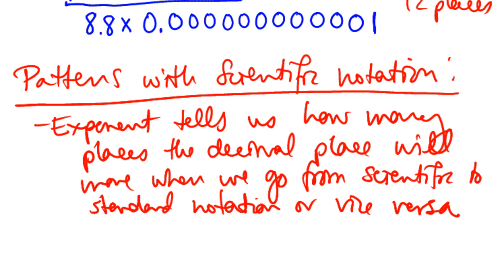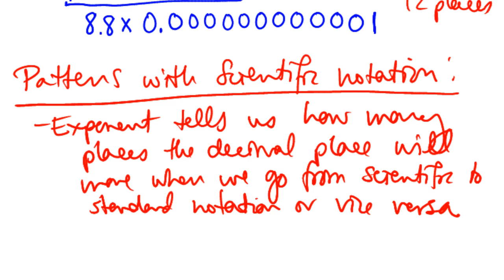Now, the difference between these two examples is, in this first example, to take that 3 in the scientific notation case to the standard notation, it had to move 8 places to the right. If we wanted to go from standard notation, the 300 million, to the scientific notation, 3 times 10 to the 8, you would have to move 8 places to the left.